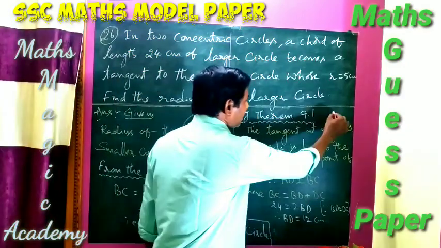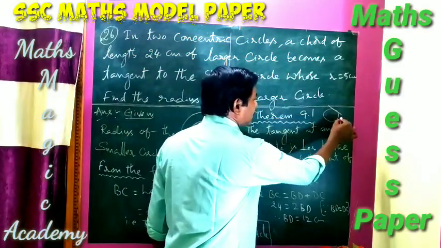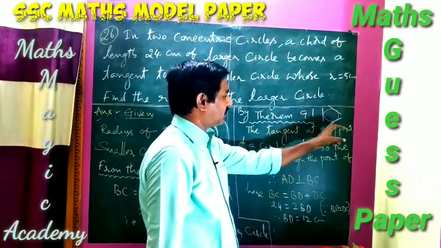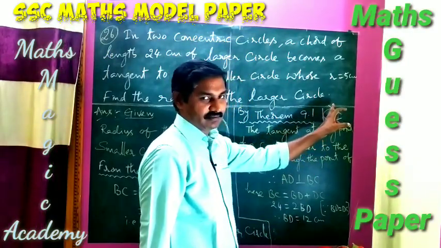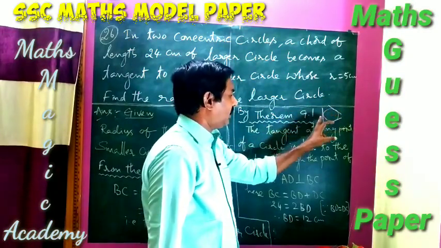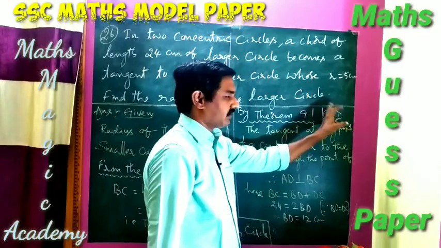Suppose we take a circle, and the tangents are like this. On the circumference there are infinite points, and at any point we can draw the tangent.